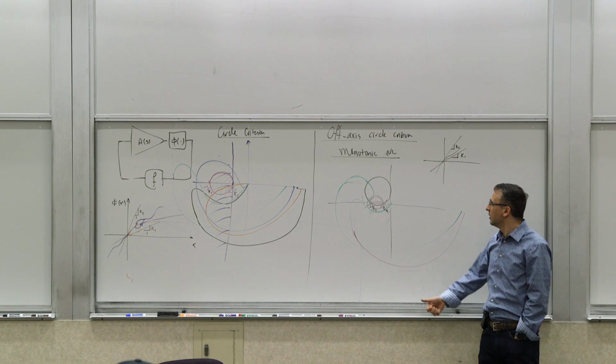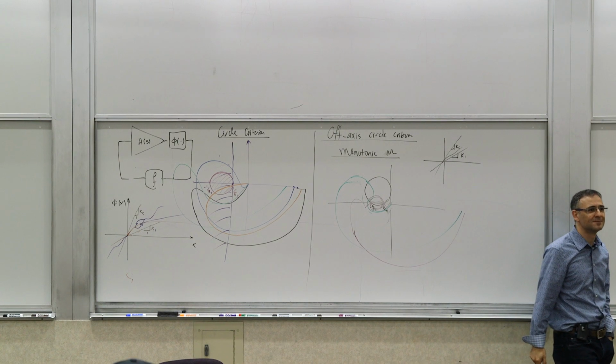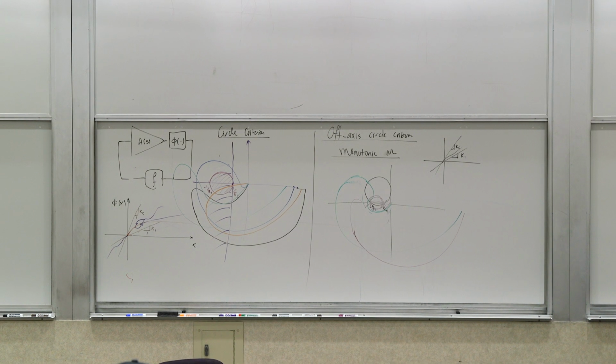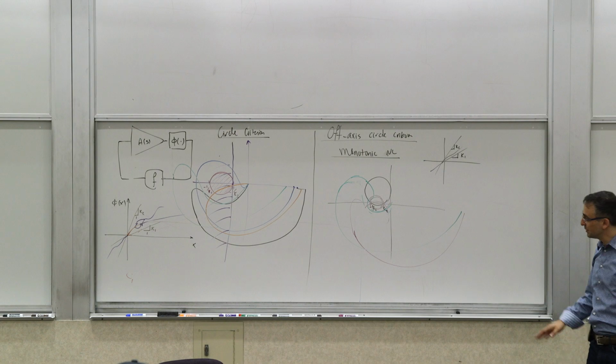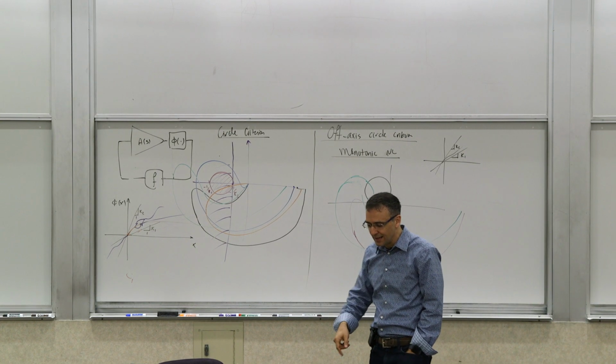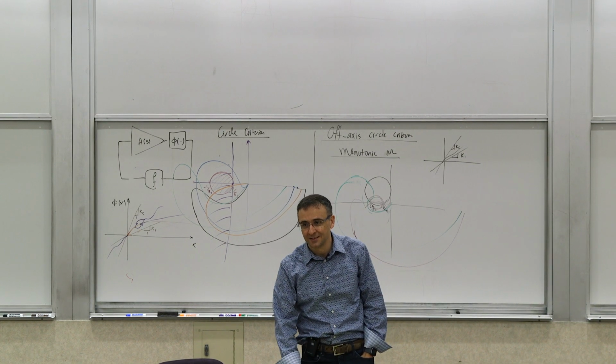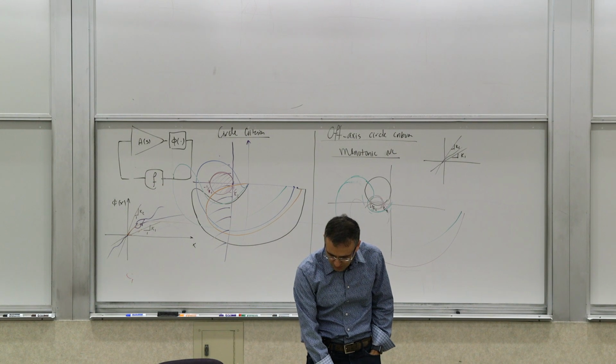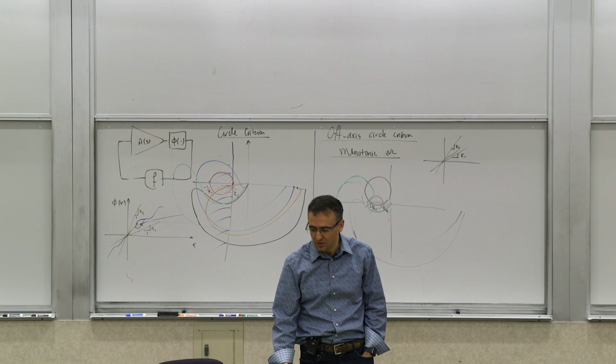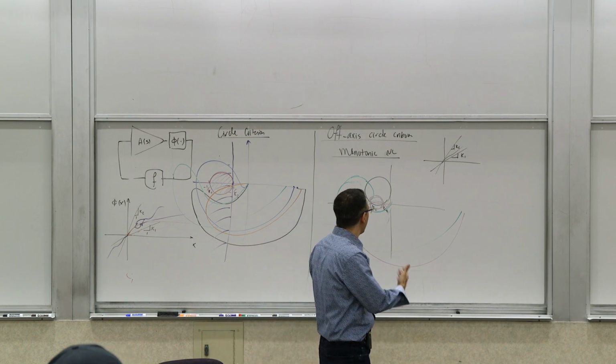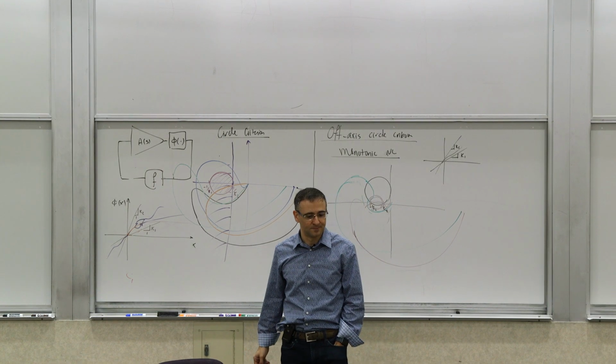But this one said, no, I know. It's okay, you're good. You're stable. So this is a pretty powerful tool, actually, and not a very well-known one. So you can actually use it. It's called the off-axis circle criterion.